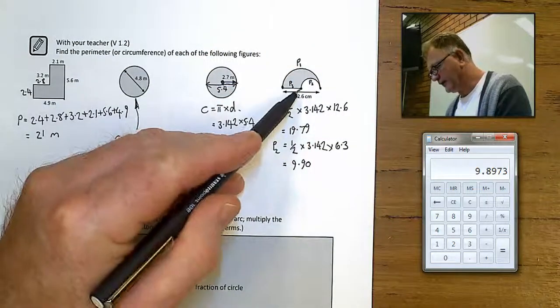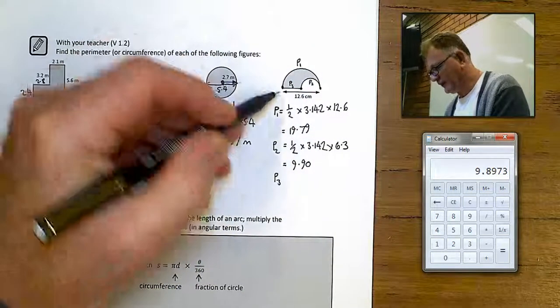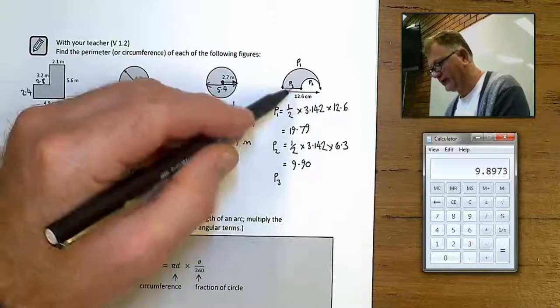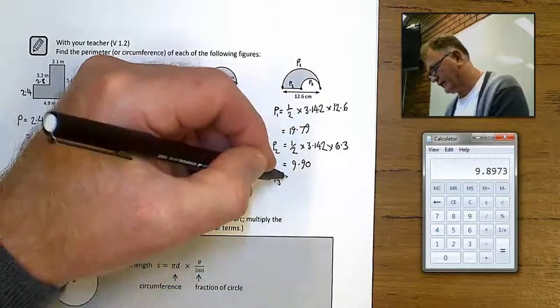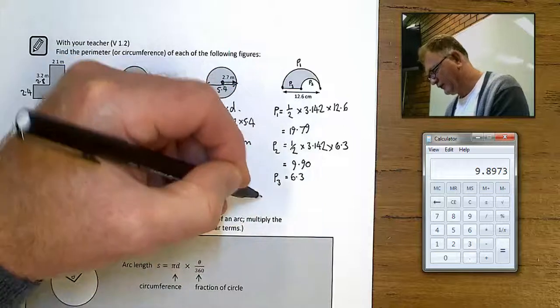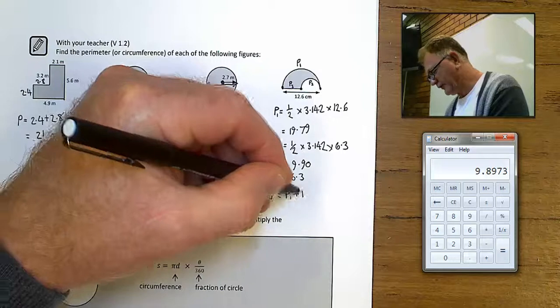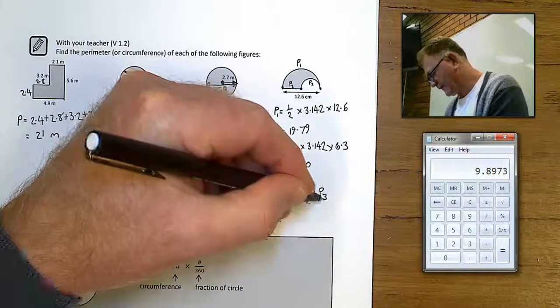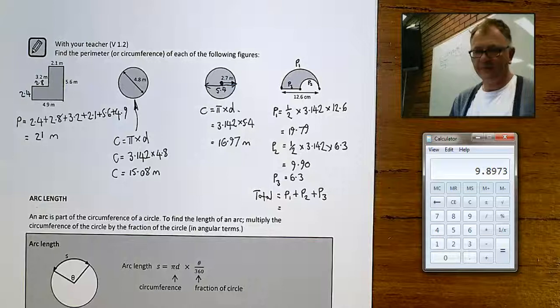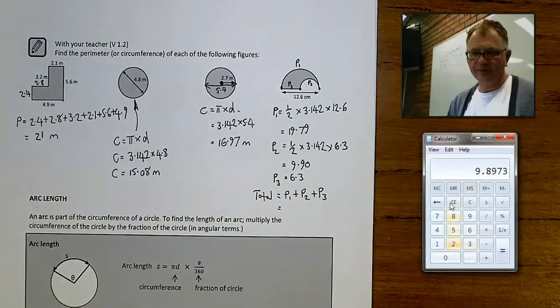And the last thing is the distance here for P3. Now P3 is, well, it's a radius of the circle, it's half the diameter, so it's half of 12.6, and that equals 6.3. So to get the total, I'm just going to add together all those different bits of perimeter, and I'll get 19.79 plus 9.9 plus 6.3.